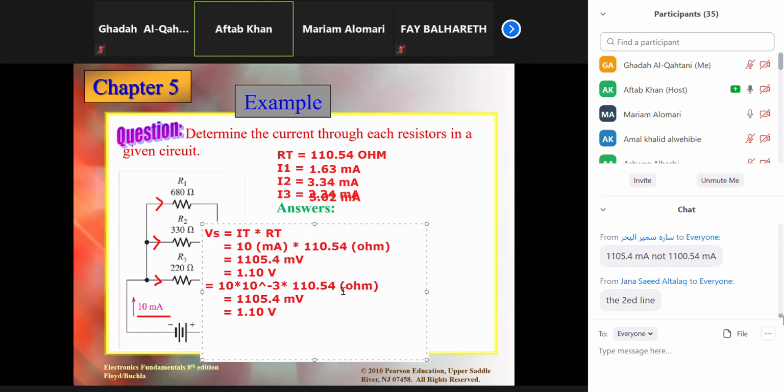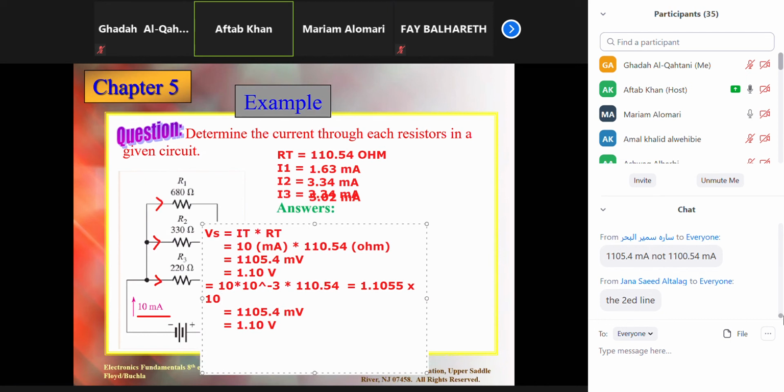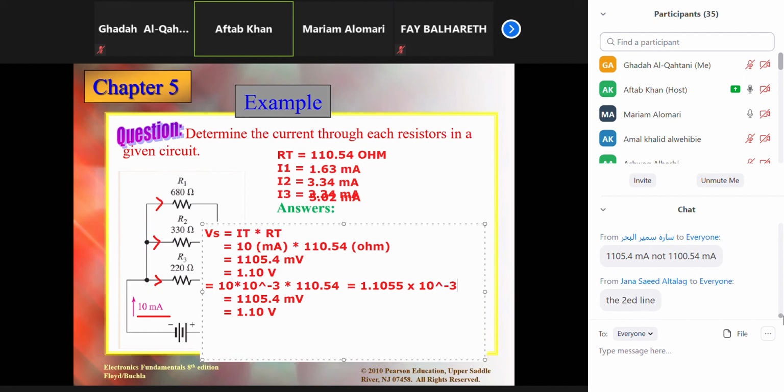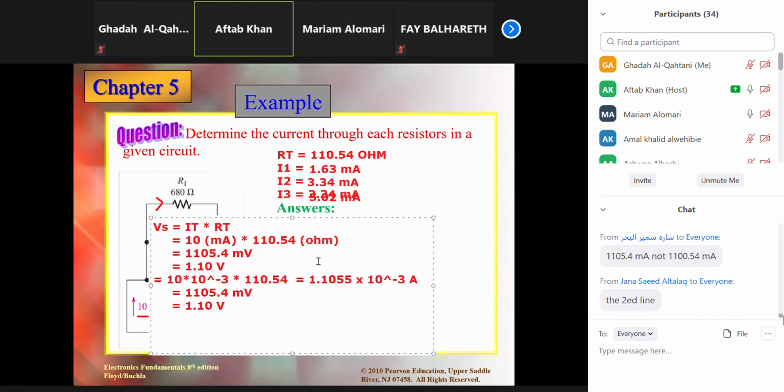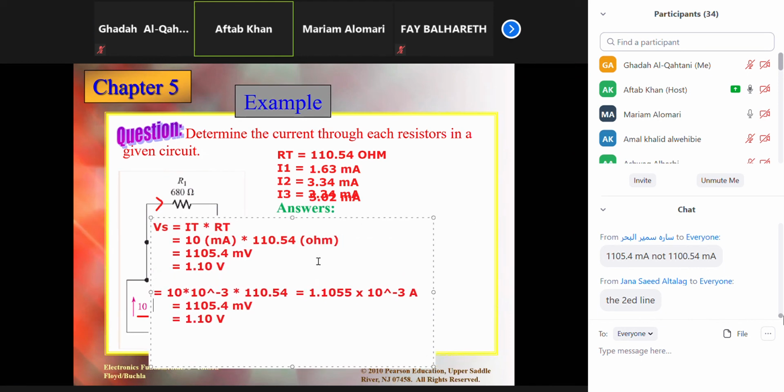You will choose. So if you go this way, for example, and you just multiply this way, you know what the calculator is going to give you? The calculator will not give you this one. What will it give you? 1.1054, yes, it will be something like that. 5, then multiply by 10's power, how much? Minus 3. Is it correct? Is this what you are getting from the calculator? You can check if you want.